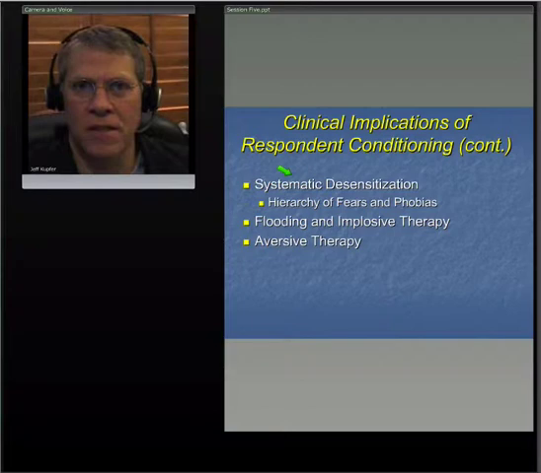And what happens is that after a period of time, they may actually exert control over behavior.